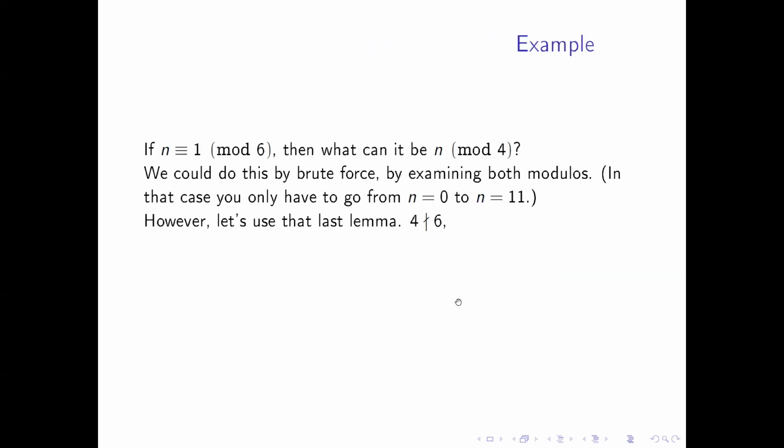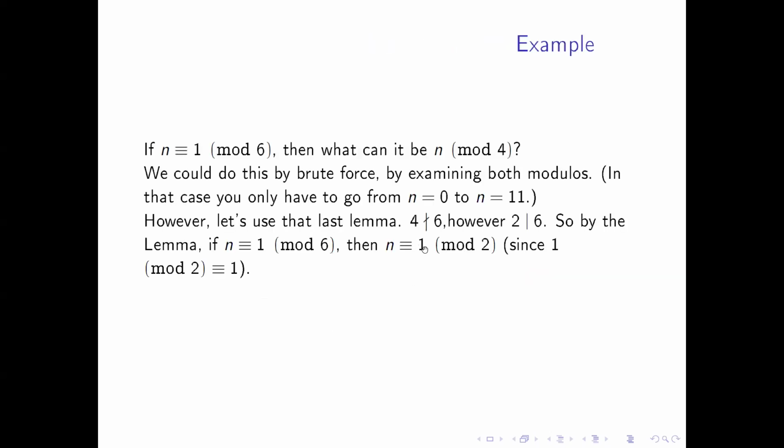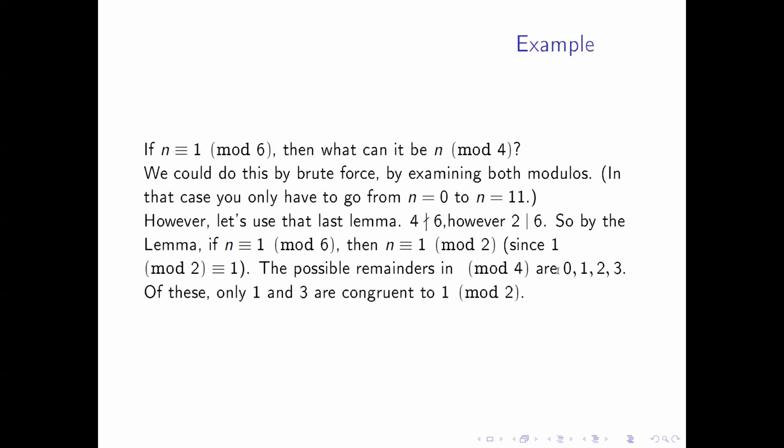So we're looking at all the things that have this. All the possible remainders mod 4 are 0, 1, 2, and 3. Now, only 1 and 3 are congruent to 1 mod 2, because we're looking for a number that is congruent to 1 mod 2 if it's congruent to 1 mod 6.